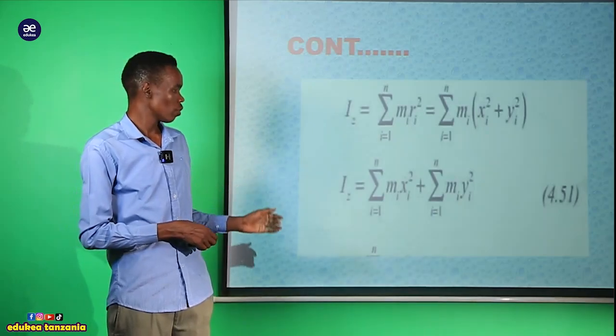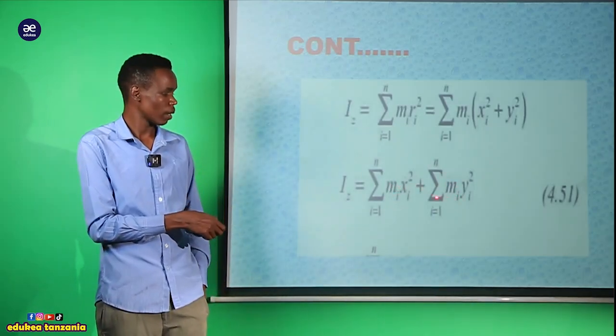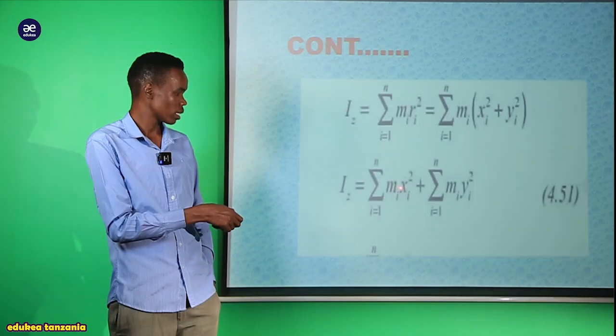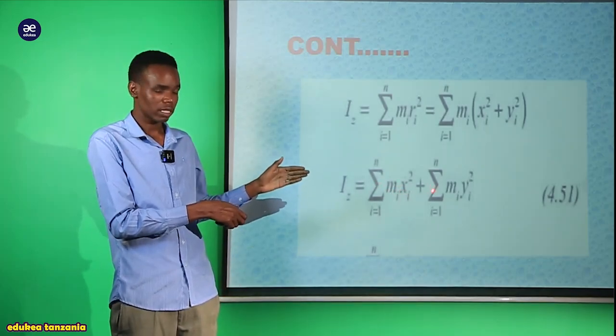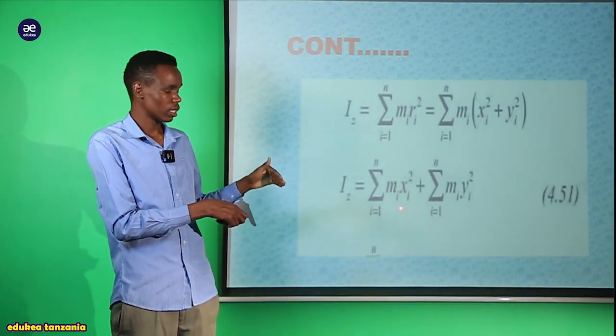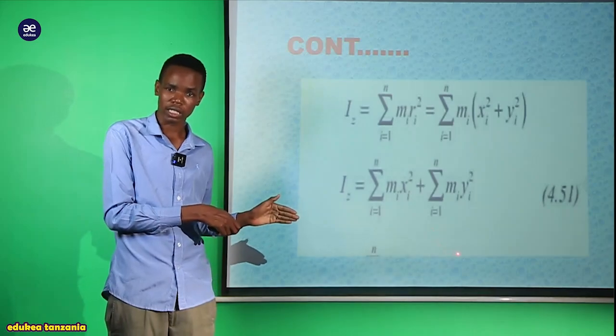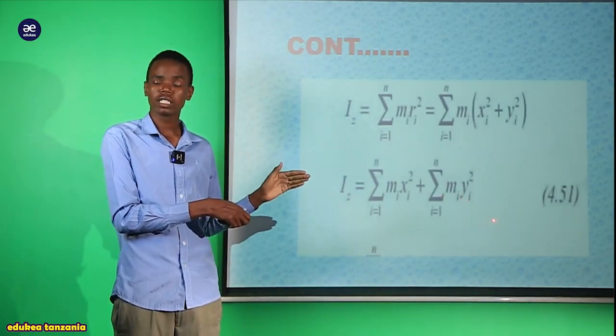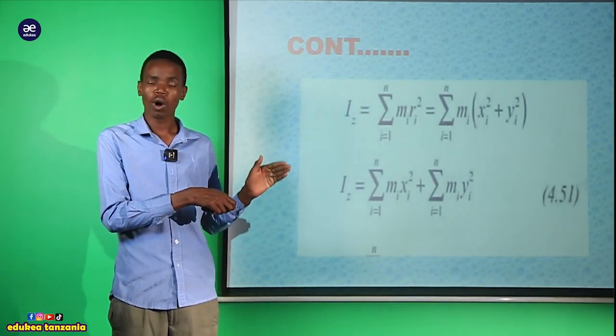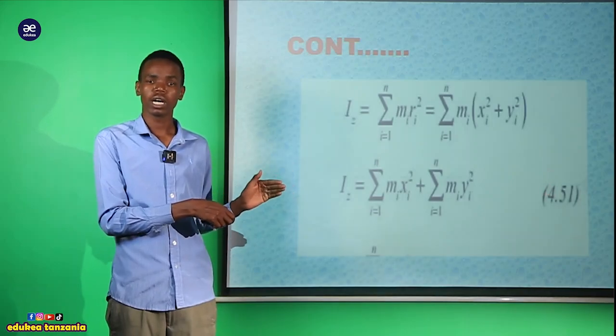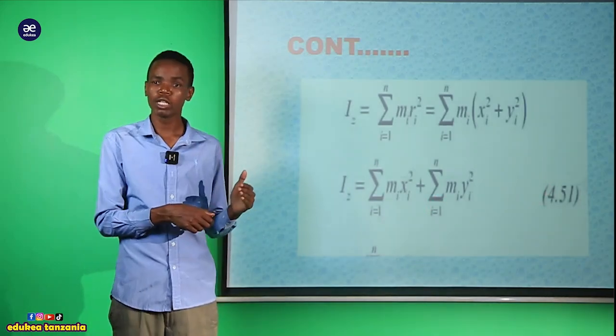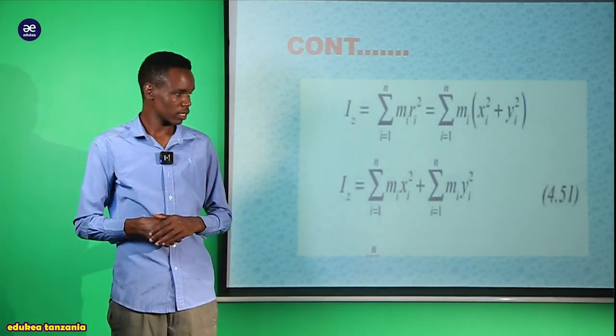kwamba instead of writing the summation of m_i x_i squared, we could write the moment of inertia along the y axis. Also, instead of writing the summation of m_i y_i squared, we are supposed to substitute it with the moment of inertia along the x axis.